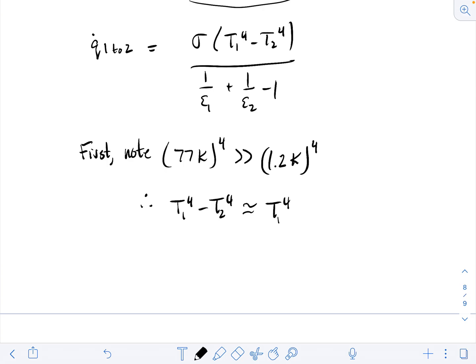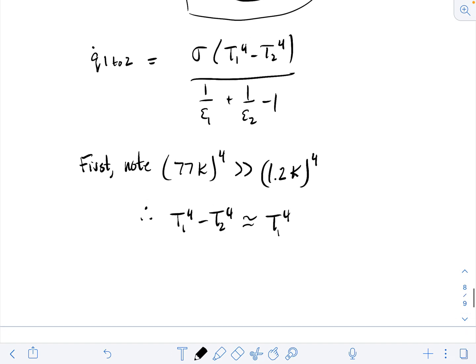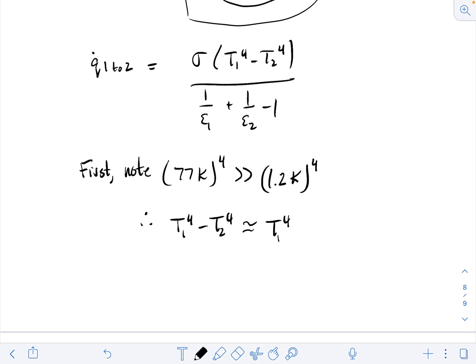The other thing we're going to need to do is to know what the emissivity of the two surfaces are. And for this flux, we want this heat flux to be as small as possible. To make that small, we want our denominator to be big. The way we make our denominator big is by making epsilon 1 and epsilon 2 as small as possible.